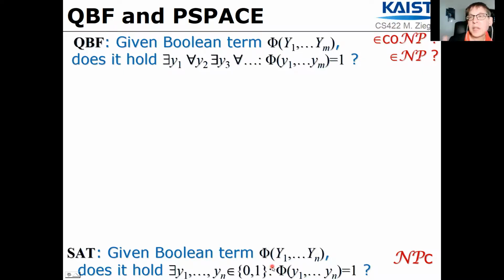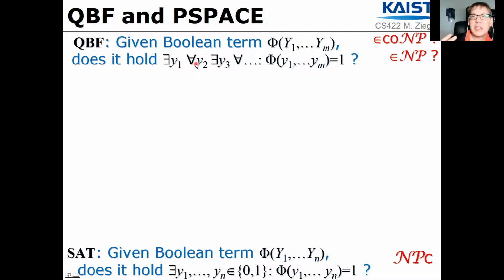The negation of a conjunctive normal form expression, of course, is not in conjunctive normal form. But since here we consider general Boolean terms without restricting to conjunctive normal form, these can evaluate to anything we like. And yes, as I said, unsatisfiability is complete for co-NP and expressed with these universal quantifiers: for all y1, for all y2, for all yn, does it evaluate to still, let's say, 1?